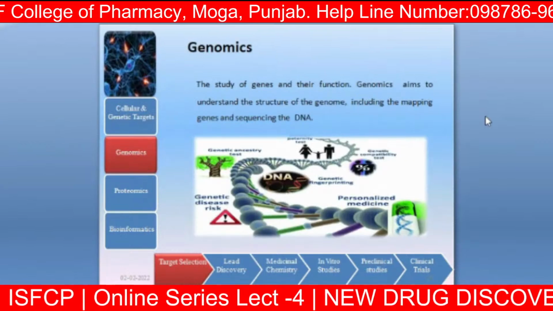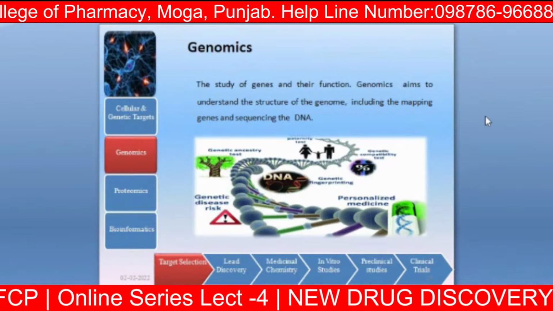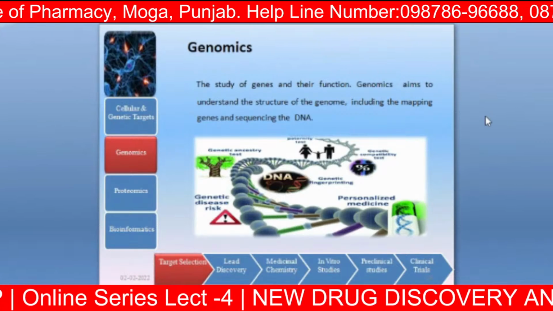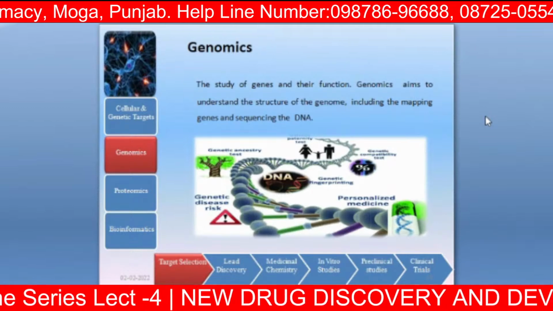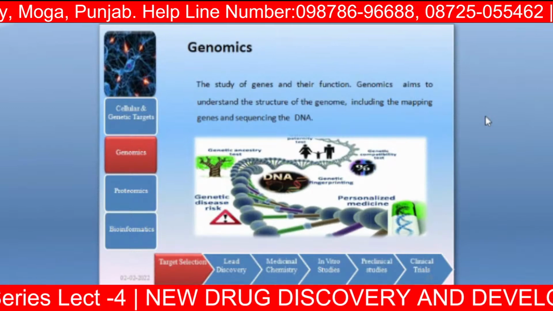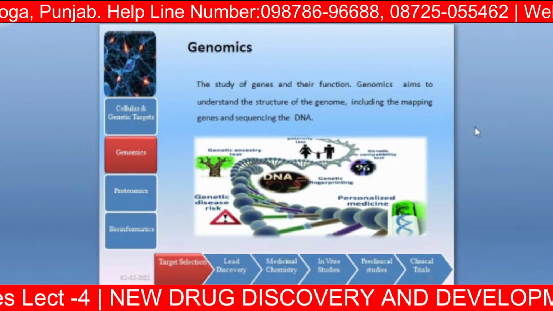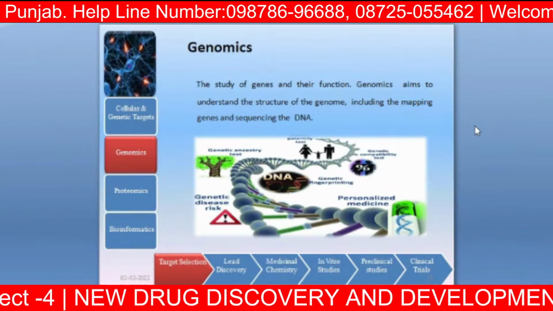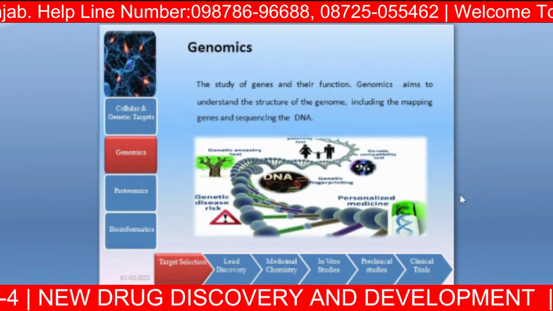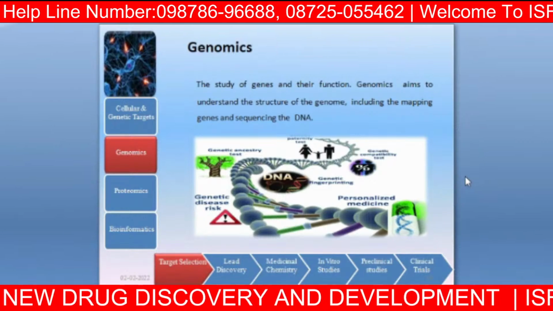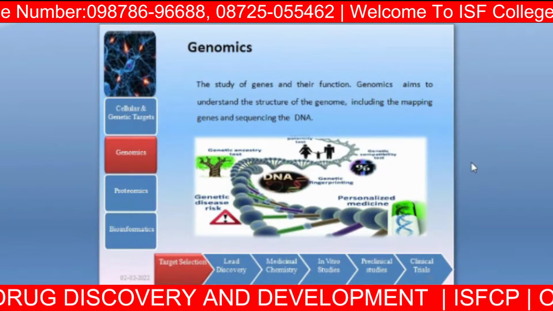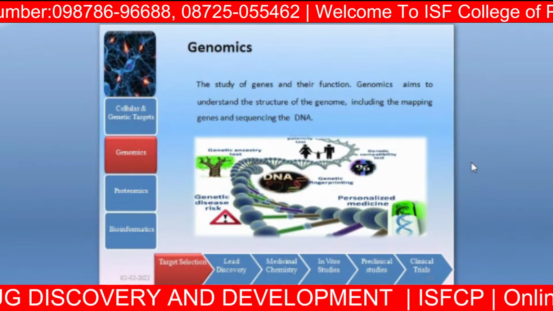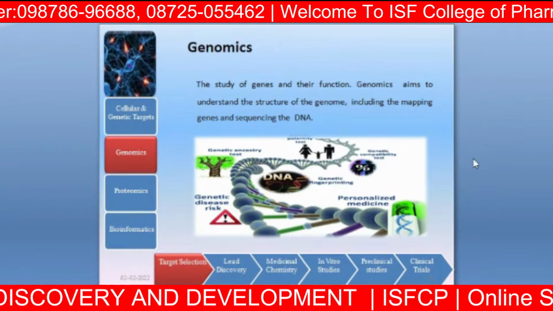Next is genomics. Basically, it is the study of genes and their functions. Genomics aims to understand the structure of the genome, including mapping genes and sequencing DNA. Mapping genes means finding the genes responsible for a particular disease. You can observe this figure. Genetic disease risk is there, personalized medicine is there, genetic fingerprinting is there, and there is a particular susceptibility.